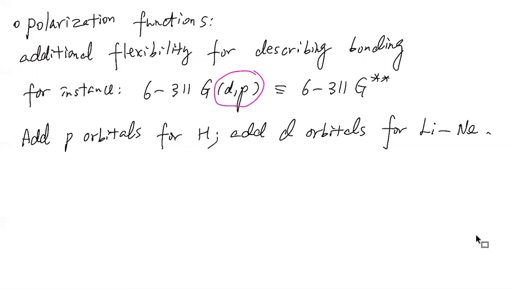Again, these so-called p orbitals and d orbitals are just mathematical constructions of the Gaussian type orbital. Do not view them as physical orbitals, although they can capture some physical effects and provide more flexibility for bonding. You should really view them as purely mathematical functions.